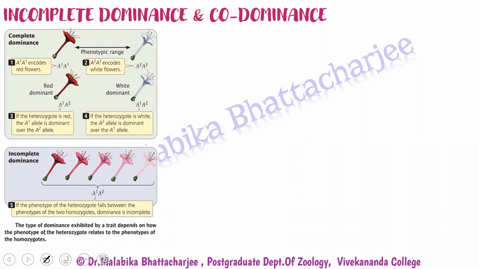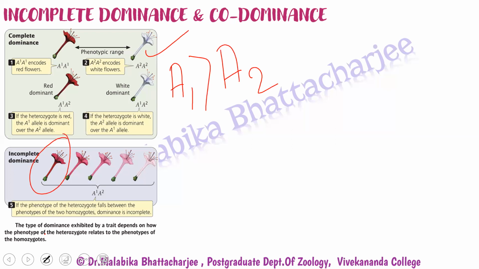In incomplete dominance, as you can see, the phenotype of the heterozygote falls between the phenotypes of the two homozygotes. So if this is the example, and we assume that A1 is dominant to A2, so the red flower is dominant to the white flower. So this is the A1 homozygote, and this is the A2 homozygote at this end.